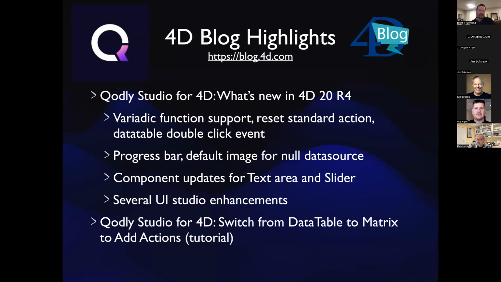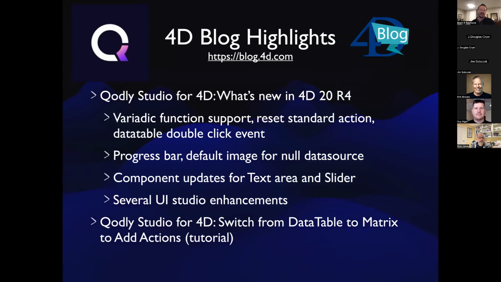There's a very nice tutorial that applies to switching from the data table to a matrix to add actions and more functionalities. That's kind of like the equivalent of going from an output form to a list of subforms, where you can have buttons in each row, and a more thorough layout in each line.